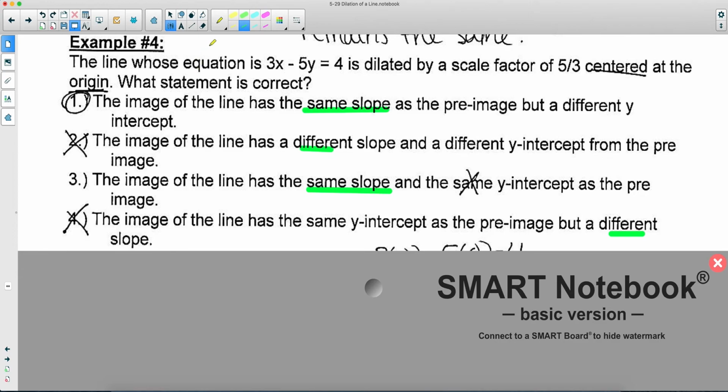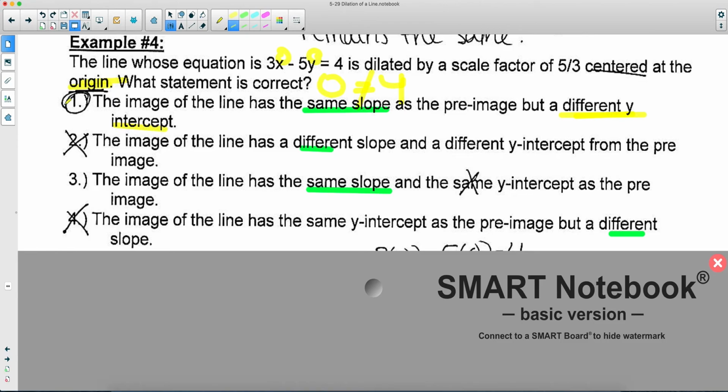If you were to test the origin in here, if I plugged in 0 and 0, I would get 0 minus 0, which is 0 equals 4. That's not true. That means that the y-intercept must change. It has to be different. So that's why it's choice 1.